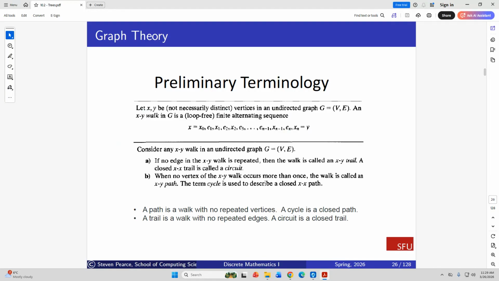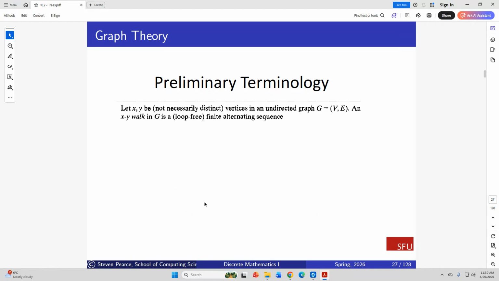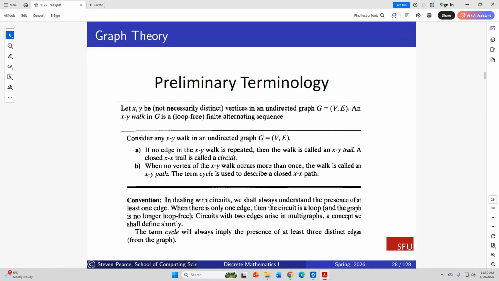If no edge in the XY walk is repeated, then the walk is called a trail. A closed trail is a circuit. When no vertex of the XY walk occurs more than once, the walk is called an XY path. The term cycle is used to describe a closed XY path. So you've got circuit and cycle. What's the difference between these? Let's find out.